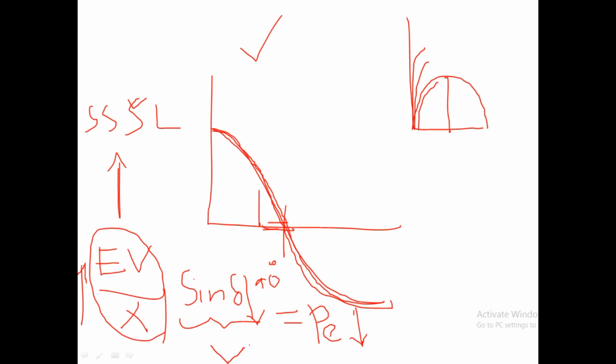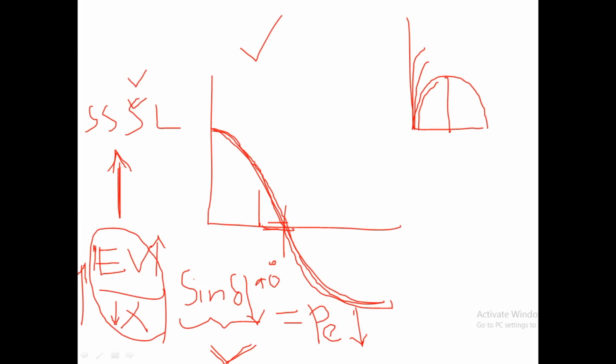So to improve the stability, that means to decrease delta, we have to increase EV by X, the steady state stability limit. What can we do for that? Either we increase E, or we increase V, or we decrease X. There are three methods we employ to improve the steady state stability limit.